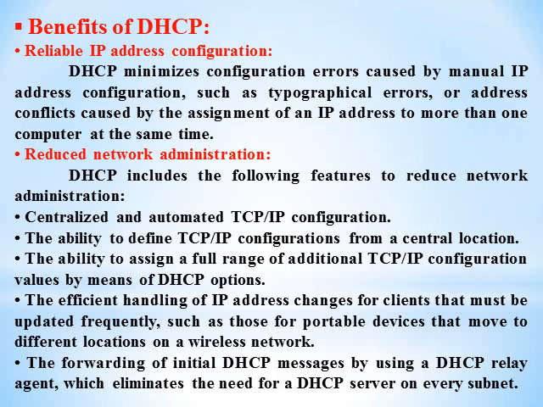Now the second: reduced network administration. This is again a very important benefit of DHCP, as it helps to reduce network administration. DHCP includes the following features to reduce network administration: centralized and automated TCP/IP configuration, the ability to define TCP/IP configurations from a central location, the ability to assign a full range of additional TCP/IP configuration values by means of DHCP options, the efficient handling of IP address changes for clients that must be updated frequently, such as those for portable devices that move to different locations on a wireless network.